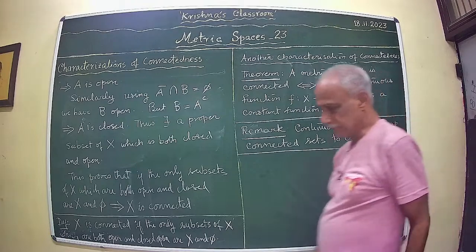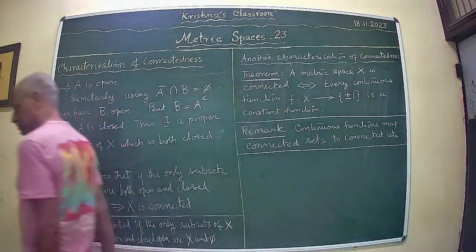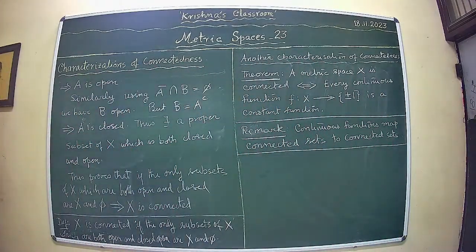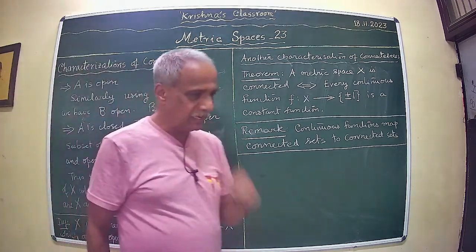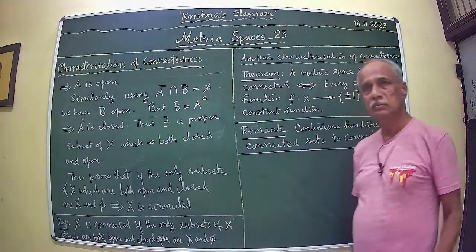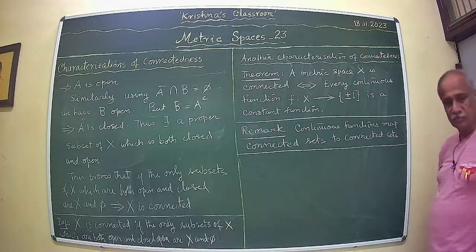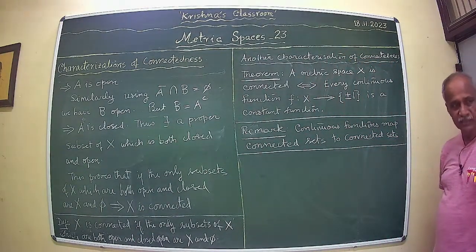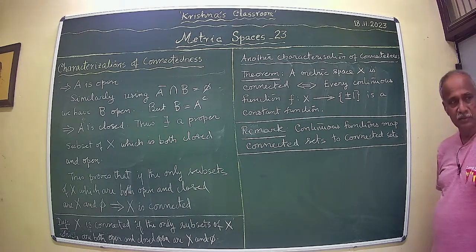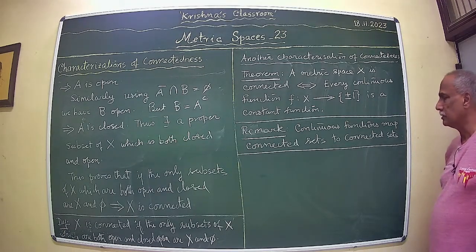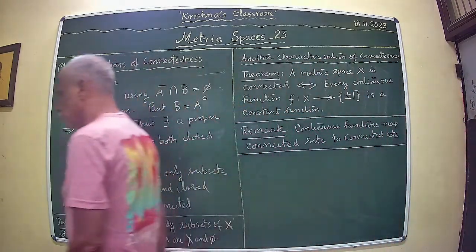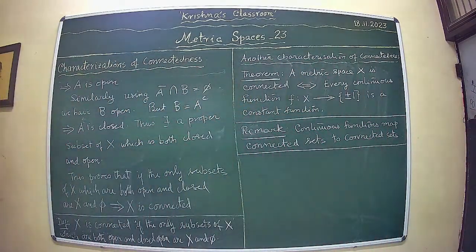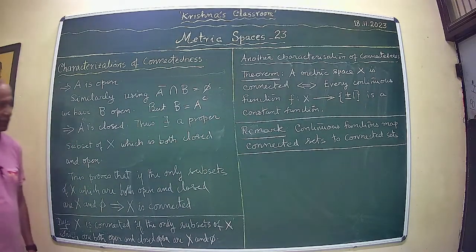Means if X and Y are two metric spaces, and if X is connected and f is a map from X to Y, then if f is continuous, it follows that f of X, that is the image of X under f in Y, is also a connected set.